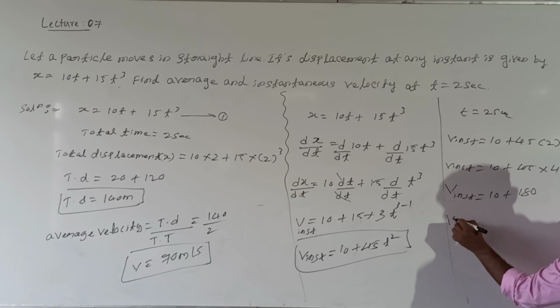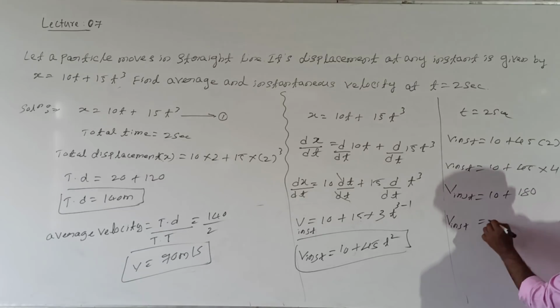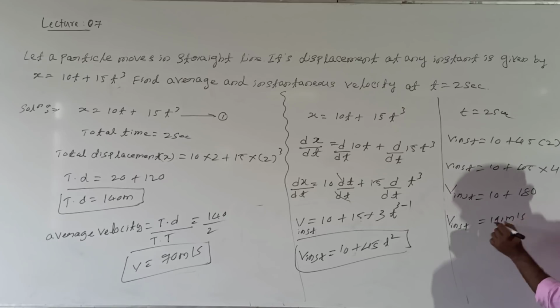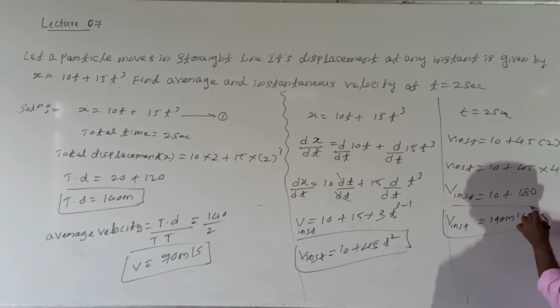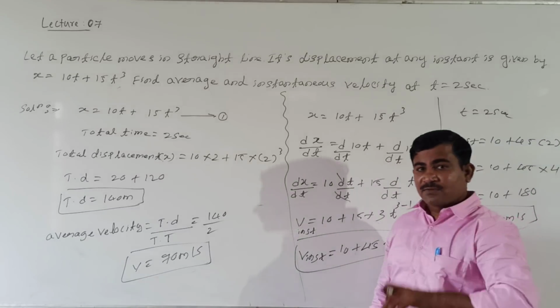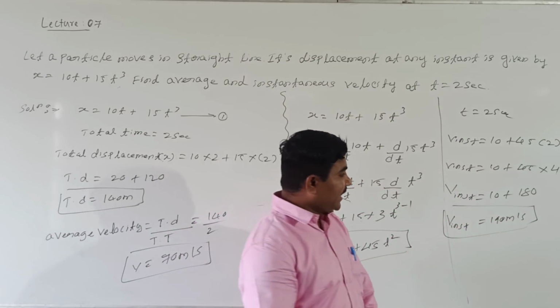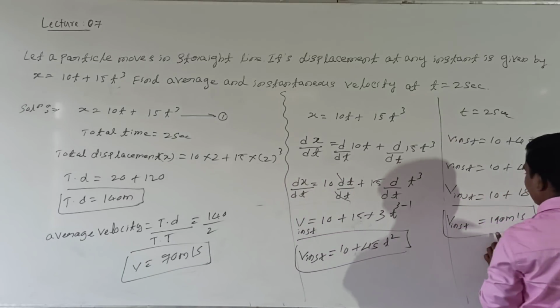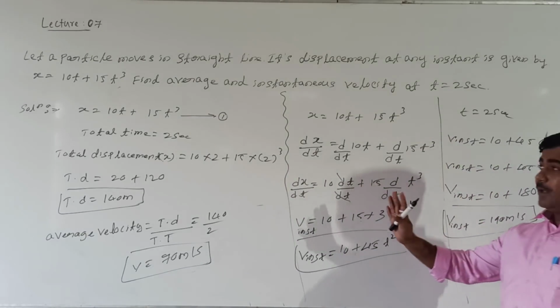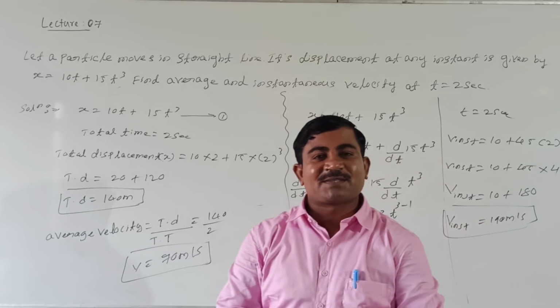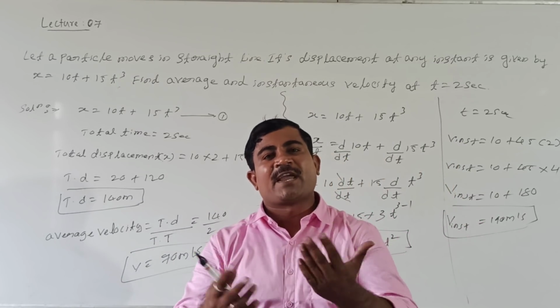Then V instantaneous equal to 190 meter per second. Average velocity is 70 meter per second. Instantaneous velocity is 190 meter per second. This is how to calculate average velocity and instantaneous velocity by taking an example.